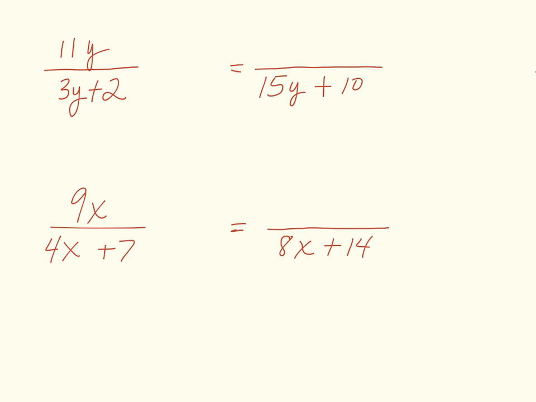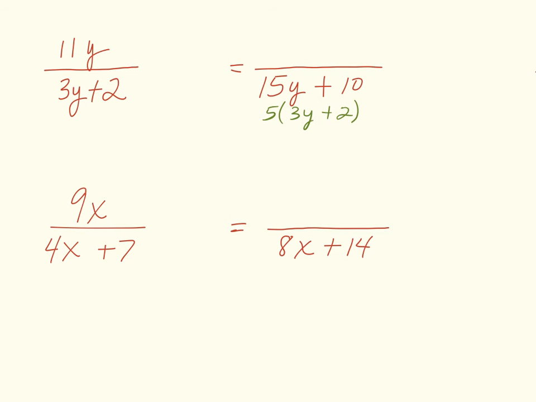Now, for this one, we can't really see what we have to multiply by unless we factor our denominator as much as possible. Well, 3y squared, y plus 2 can't be factored. But 15y plus 10 can be, so we factor out a 5, and we have 5 times 3y plus 2.